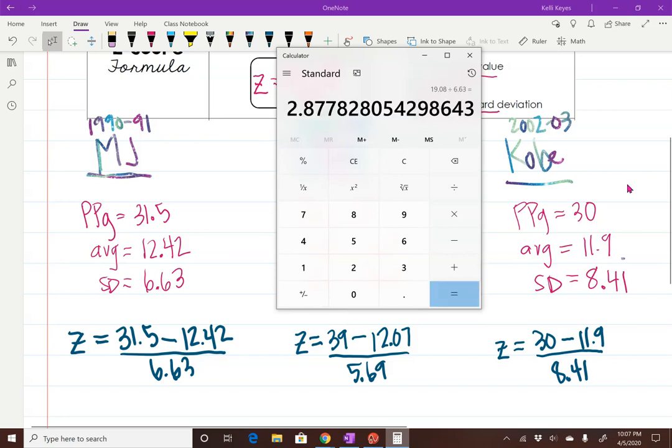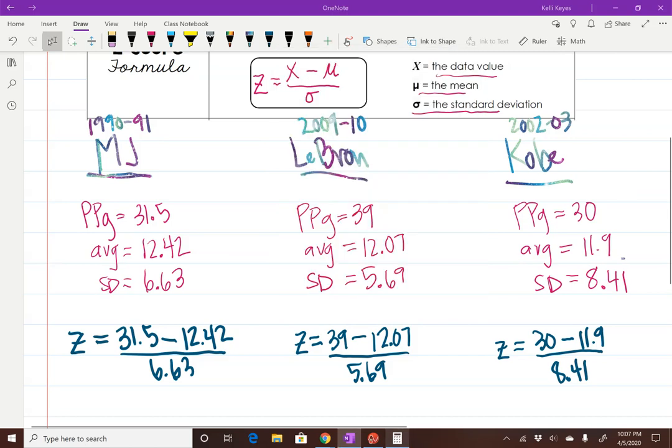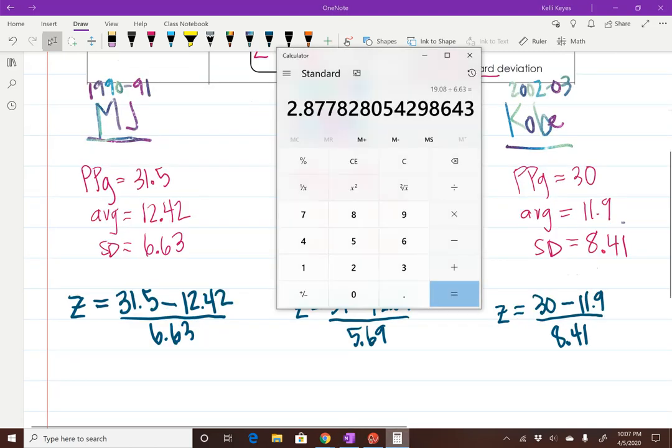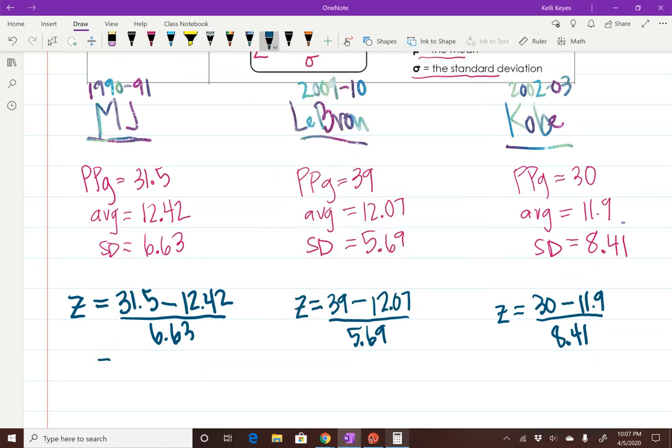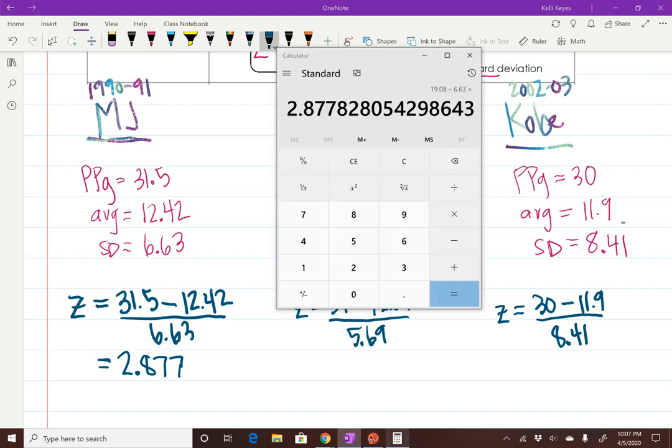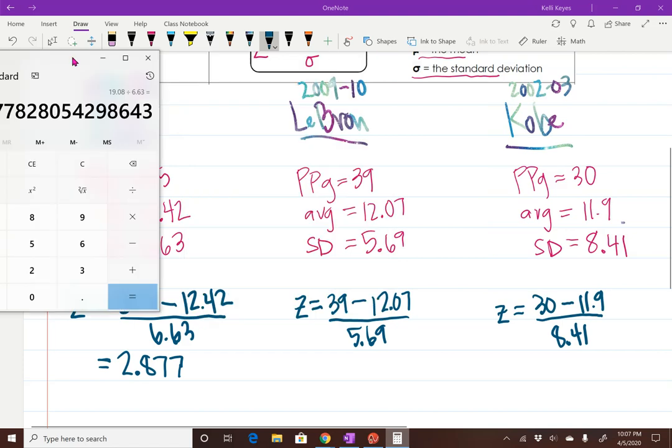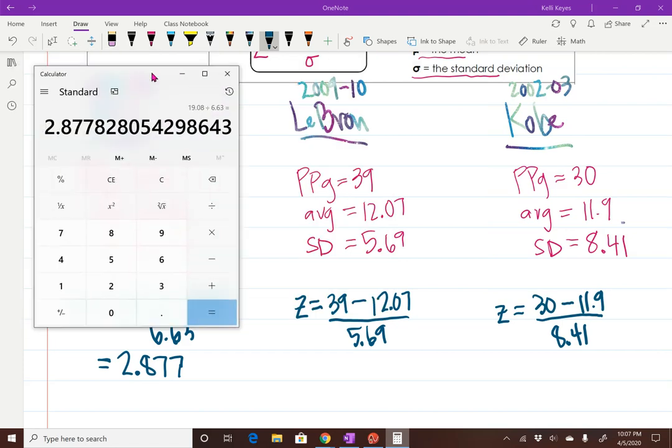Okay, so it looks like MJ's z-score, I didn't even look at it, is 2.877. So I'm going to write it down here. 2.877. Okay. So what about LeBron's?